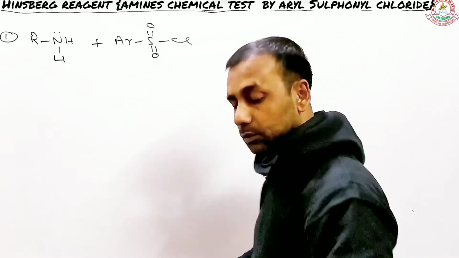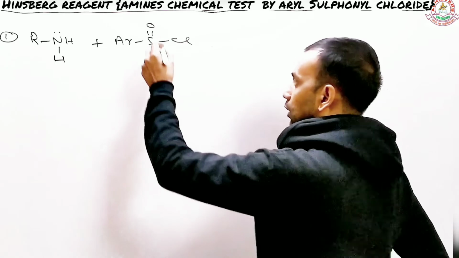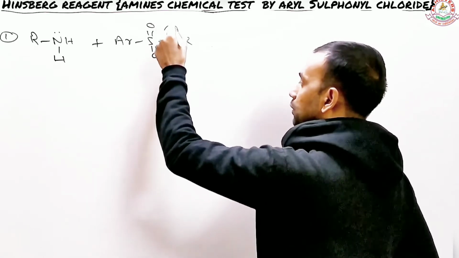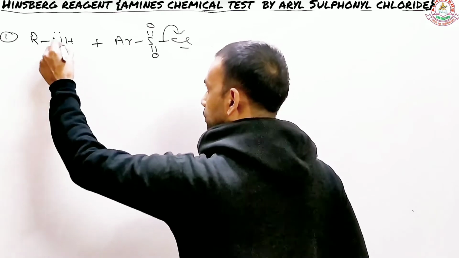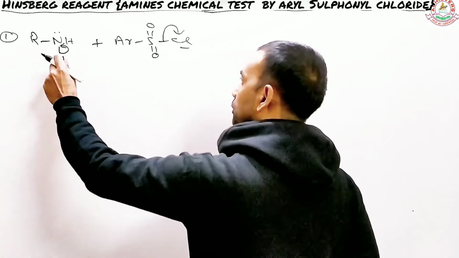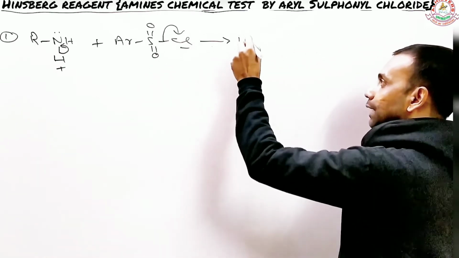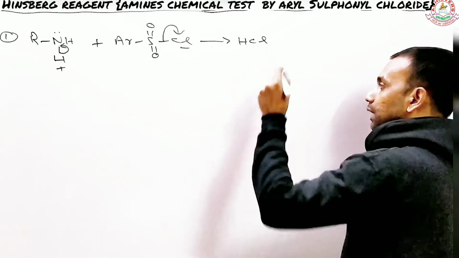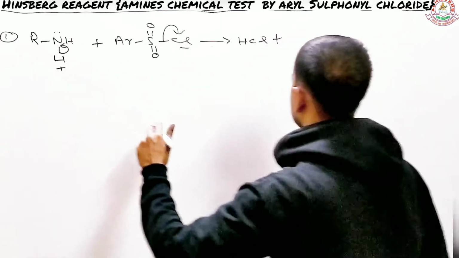Since this is going to be a short one, let me do this very quickly. This bond will undergo cleavage, and this will form a negative ion, while this bond will break to form a positive ion. So there you have your byproduct, and that's HCl. Now you need to attach the remaining part together.